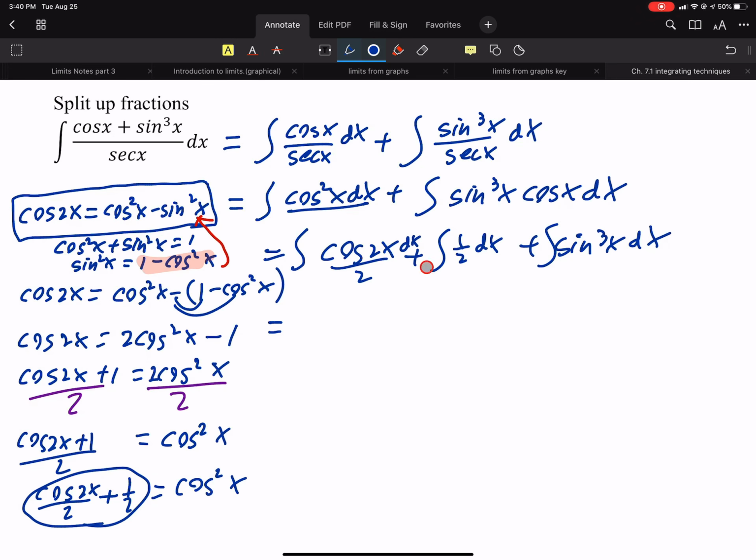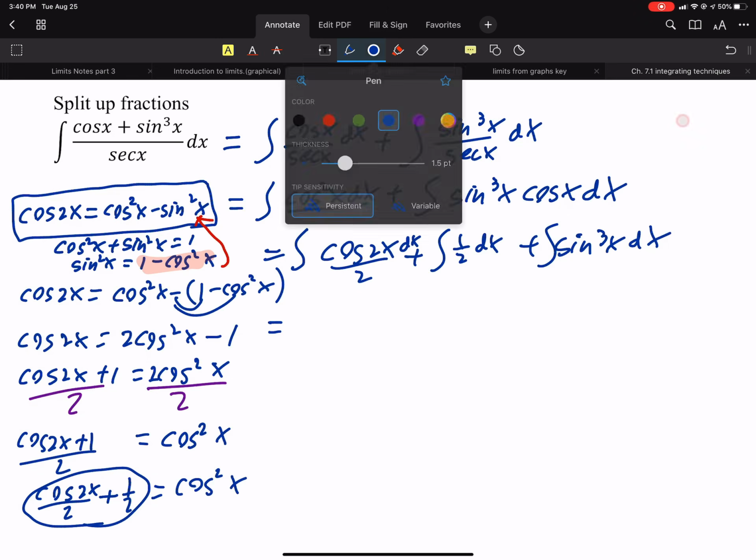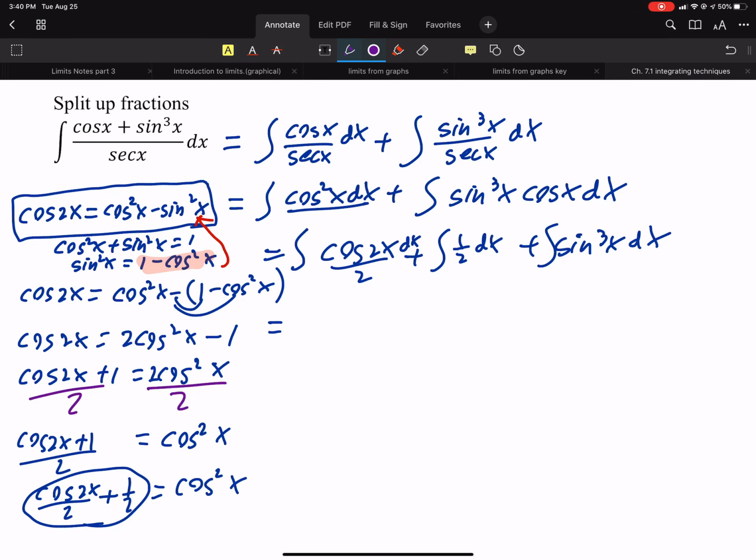Now, if this was just cosine of x, that's easy. The antiderivative is sine of x. But it's 2x, so we have to do a u substitution and let u equal 2x. Du will be 2 dx. Do we have a 2 dx? Now we do. So let me lower this.